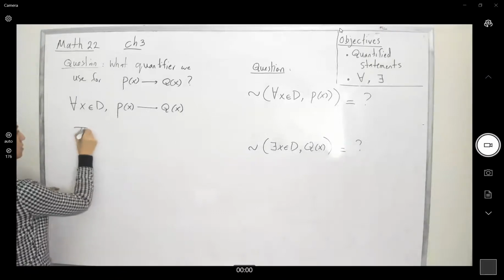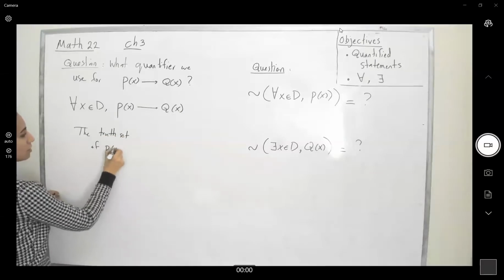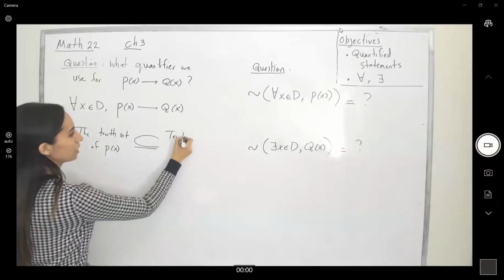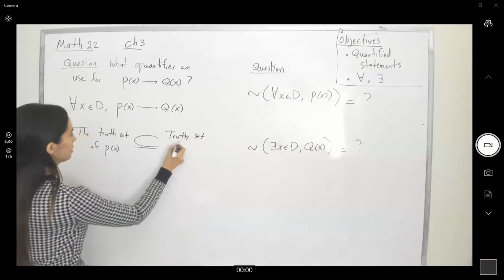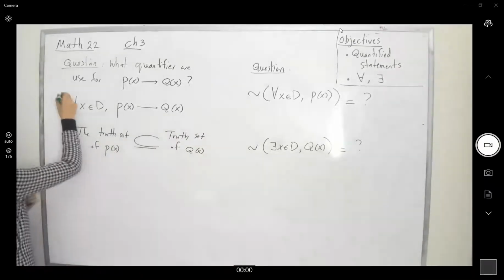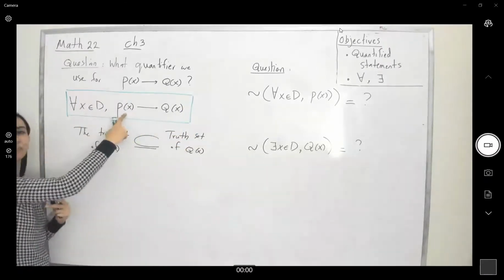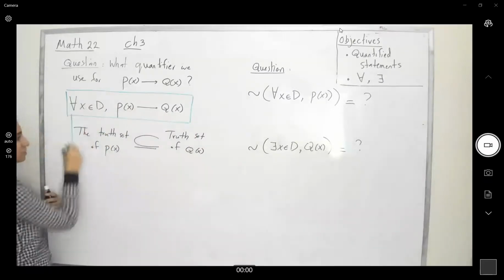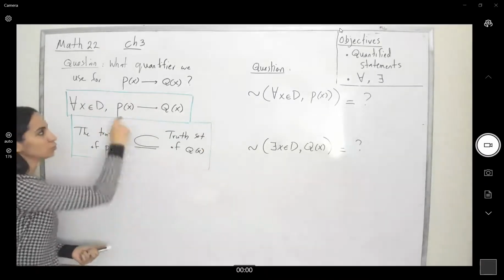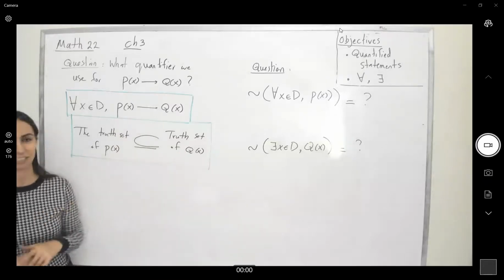In this case, the truth set of predicate Px is included in the truth set of Qx. So for any x in the domain, if Px is true, then Qx. The truth set of the first predicate needs to be a subset of the second predicate.